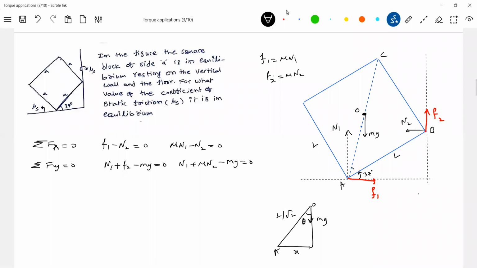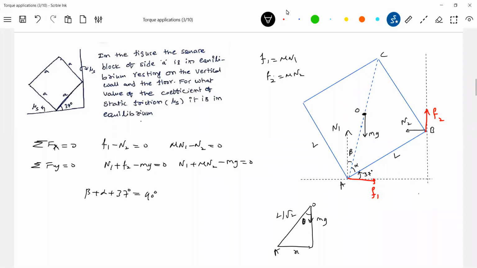At least shall I say what can be this angle? 45 degrees. So 45 and what about this? Beta. So beta plus alpha plus 37, what should it be? 90 degrees. Beta plus alpha plus 37 should be equal to 90 degrees.